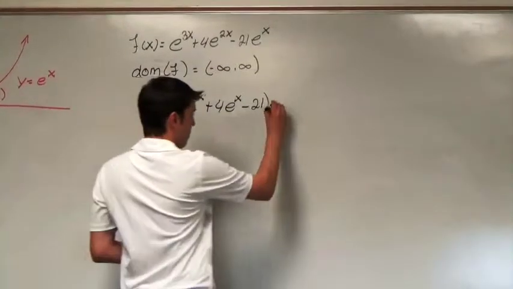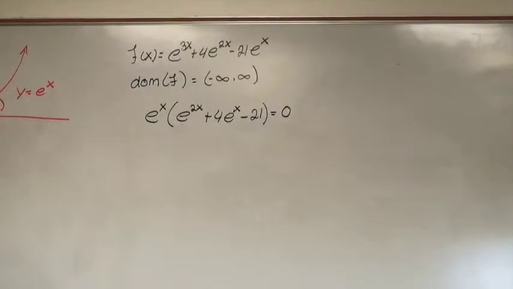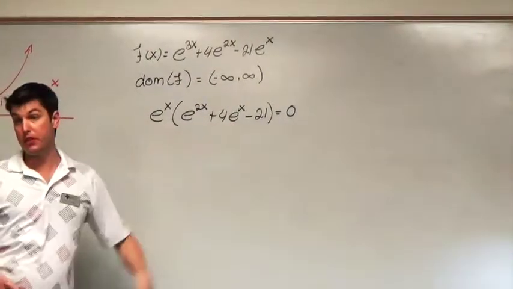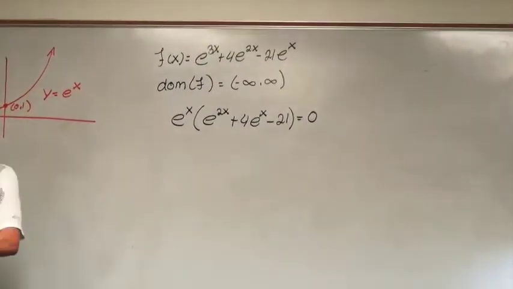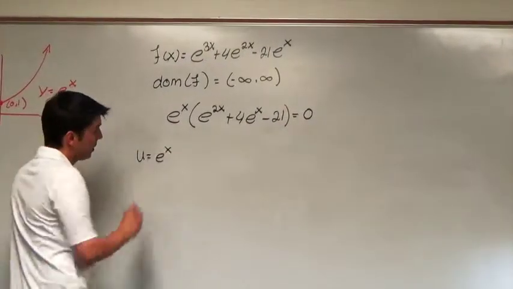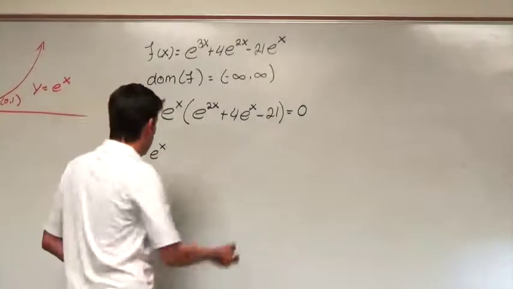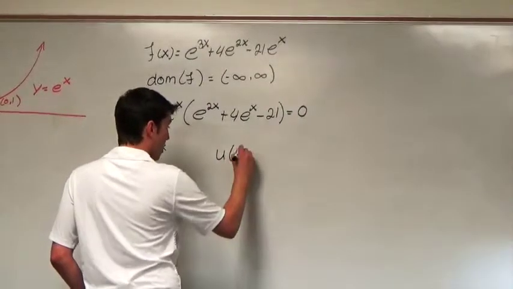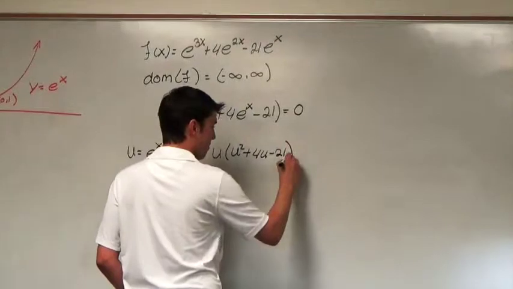Set our function to 0 and try to find the roots. Well, this equation inside the parentheses is what we call quadratic in e to the x. Meaning that if we were to use a substitution, I'm going to choose u to be e to the x. This will become a quadratic equation. So if u is e to the x, this becomes u squared plus 4u minus 21.